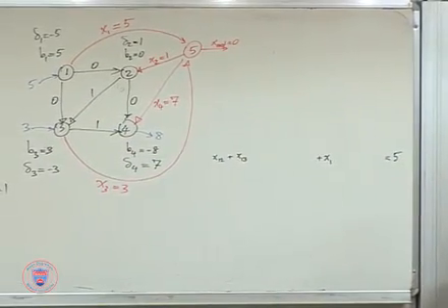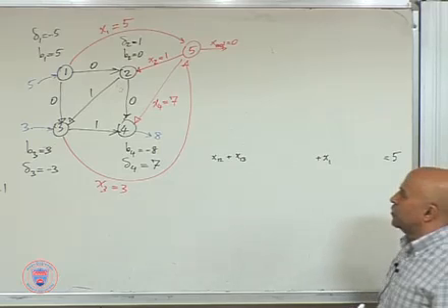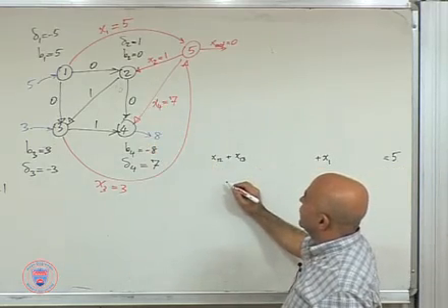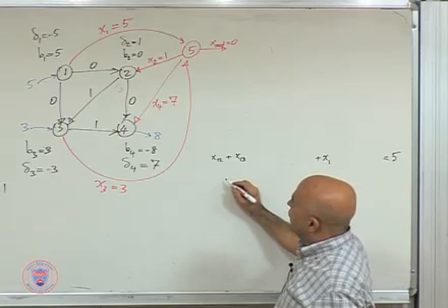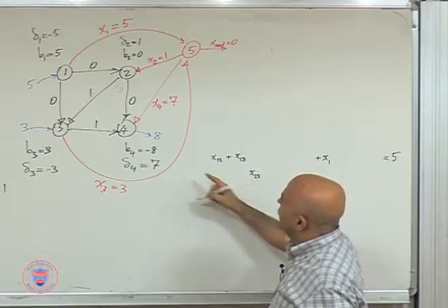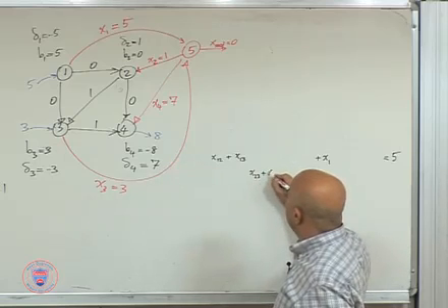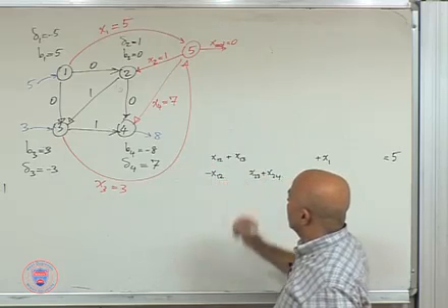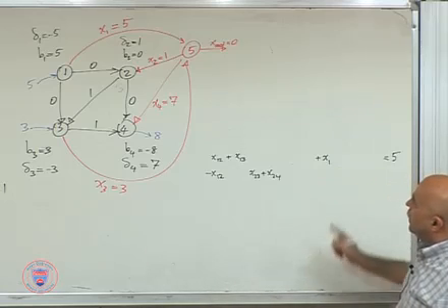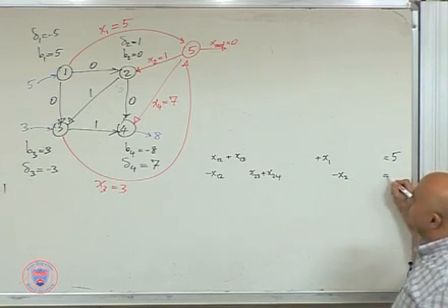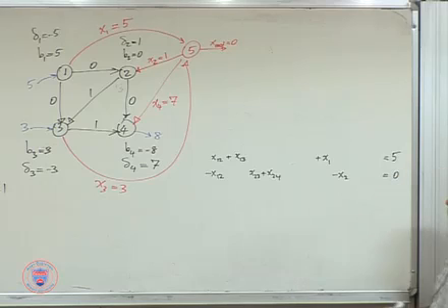That's the flow conservation for the first node. Flow conservation for the second node, how much is that? You have outflow of x23, another one x24, inflow of x12, and then another inflow of x2. So this is supposed to be equal to 0.